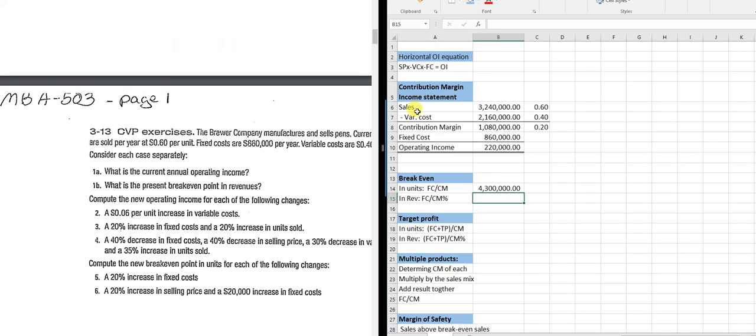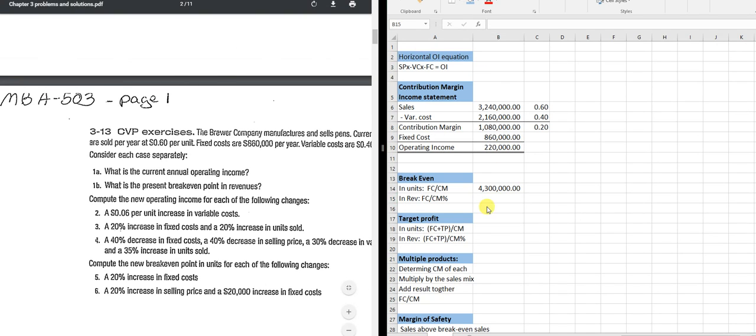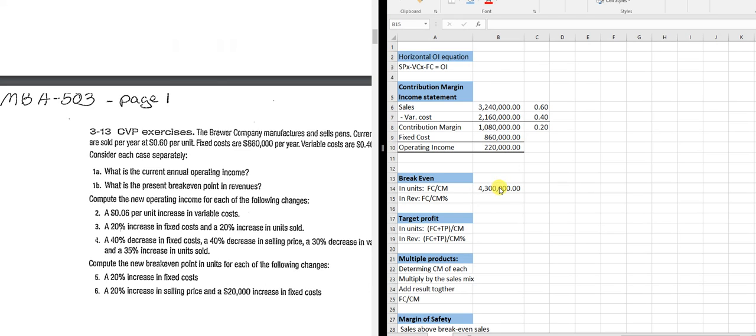Okay, pause this. So I have 4,300,000 units to break even, or I can do fixed cost divided by contribution margin percent, because this asks for the break-even in revenues. So when I want the break-even in revenues, I'm going to set sales equal to 100%.